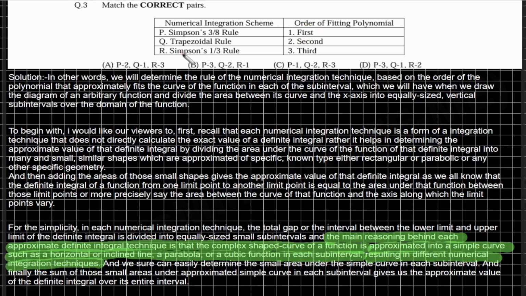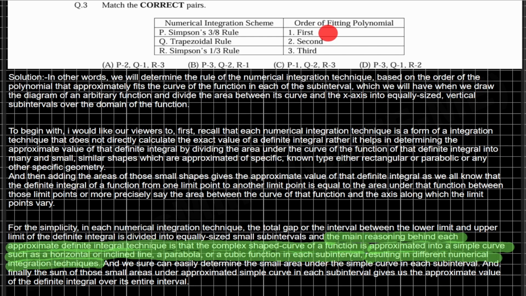And in the case of Simpson's 1/3 rule numerical integration technique, the order of the fitting polynomial would be second order, because a second order fitting polynomial is a parabola, a third order polynomial is a cubic function, and a first order polynomial is a straight line.